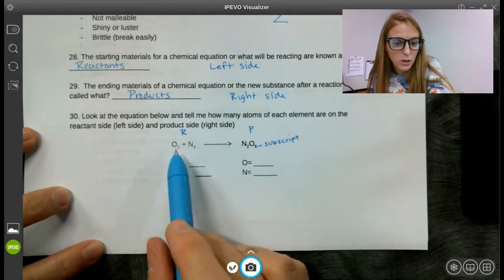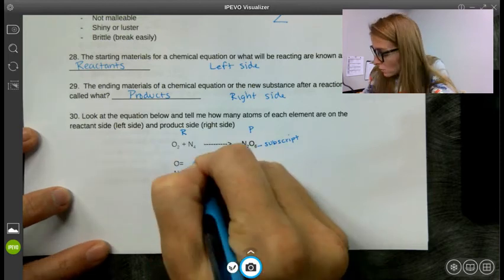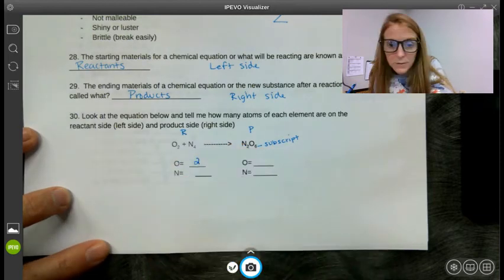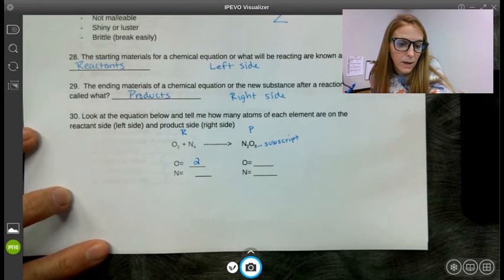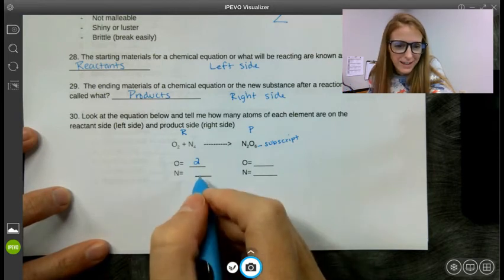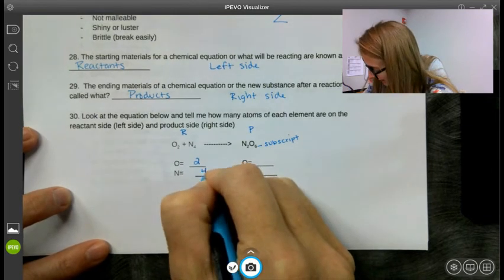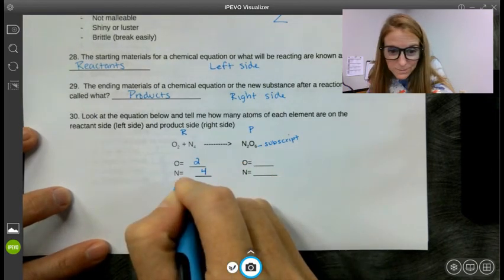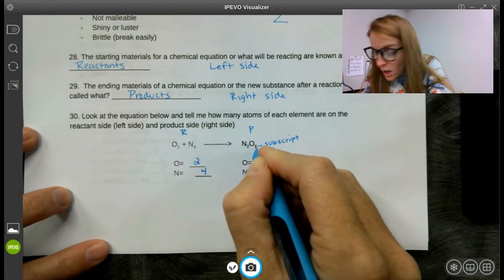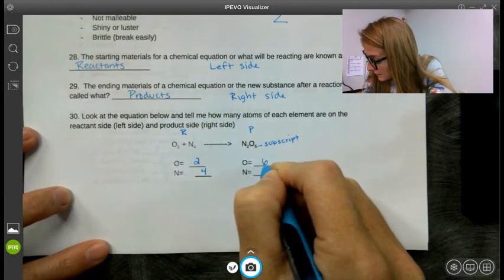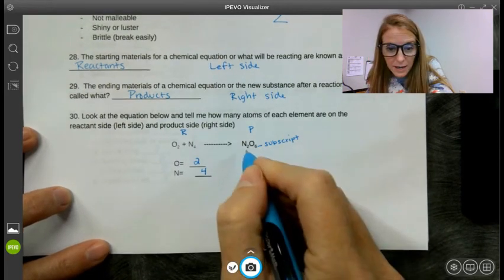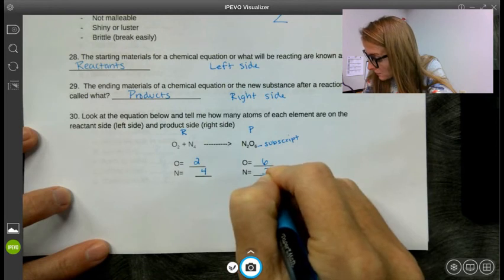So we have oxygen on the right side, and we have a little 2. So we have 2 atoms of oxygen, and then 4 atoms of nitrogen. Then over here, the little 6, so we have 6. And in 2, we have 2.